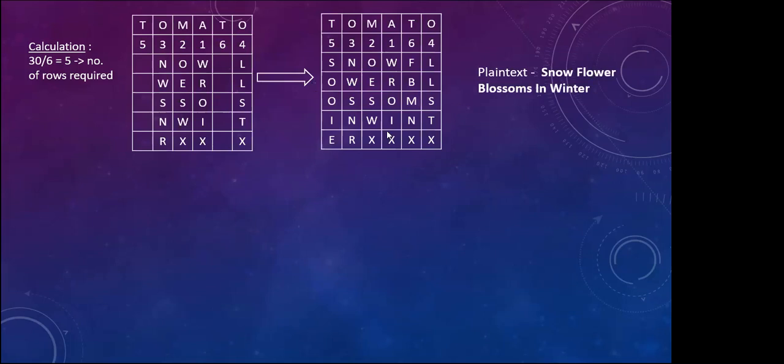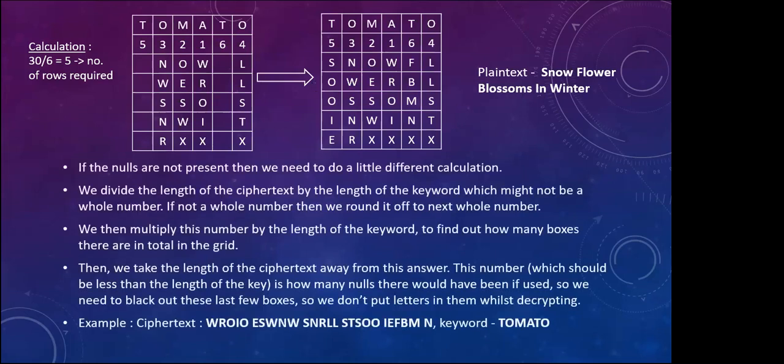Since the last entries are X, we will not include them, because they are null entries. We indicate the null entries with X, but if we do not, we can also encrypt a plain text without X for the nulls, keeping those spaces blank.